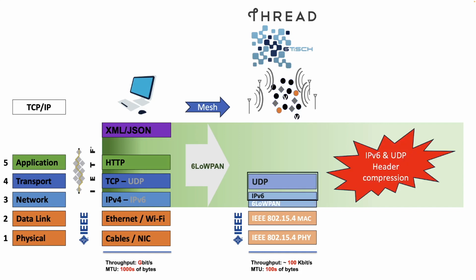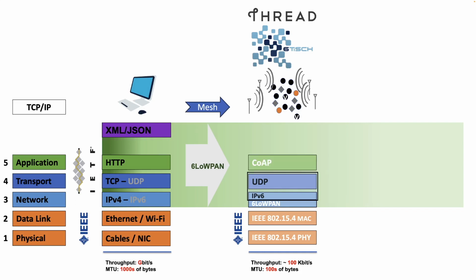However, since the IPv6 header is much larger than the one of IPv4, a new adaptation layer 6LoWPAN was defined to compress the IPv6 header and, if necessary, to fragment the packet into multiple frames of 127 bytes. Furthermore, 6LoWPAN compresses the 8-byte UDP header as well. You can find dedicated videos on 6LoWPAN technology on our channel.